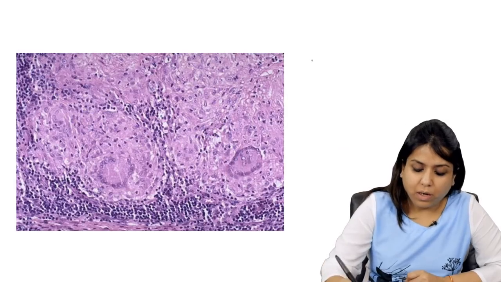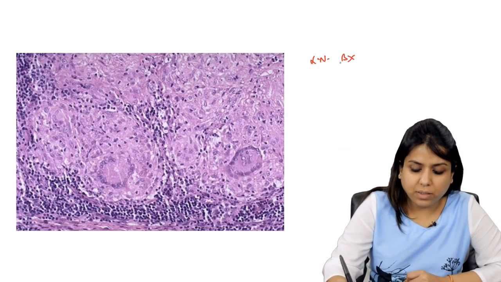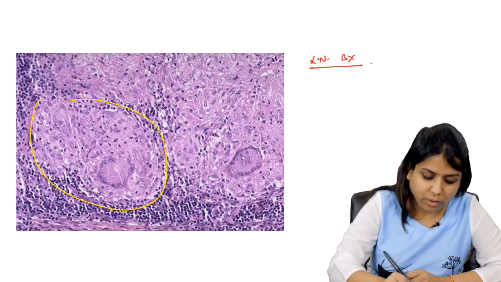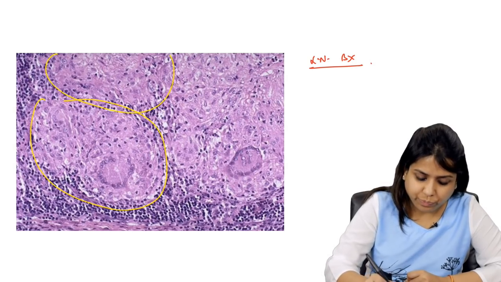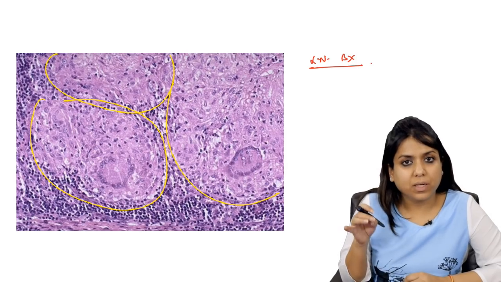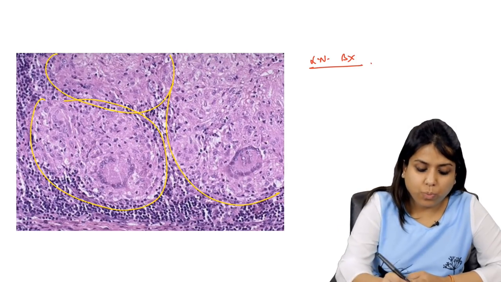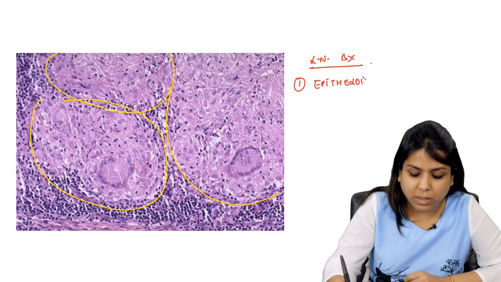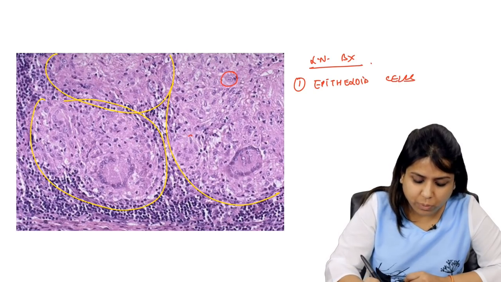Then again a very interesting slide. This is a lymph node biopsy which shows, students, 3 granulomas. They have slipper shaped nucleus. So what are the components of a granuloma? One component of a granuloma, epithelioid cells. You can see some cells which have a slipper shaped nucleus.